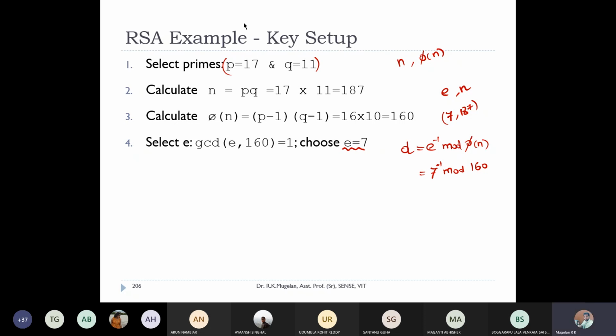Kashish, do you have any other answer? Okay, I'll give you time. How many of you are getting the same answer as Arun got?